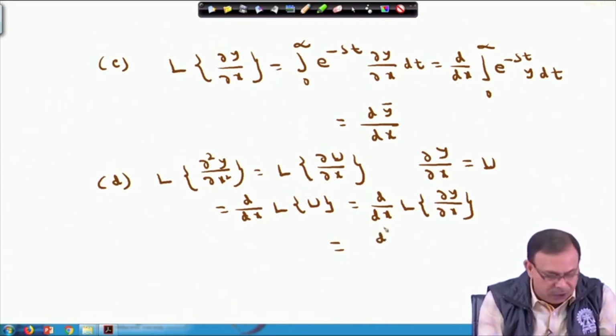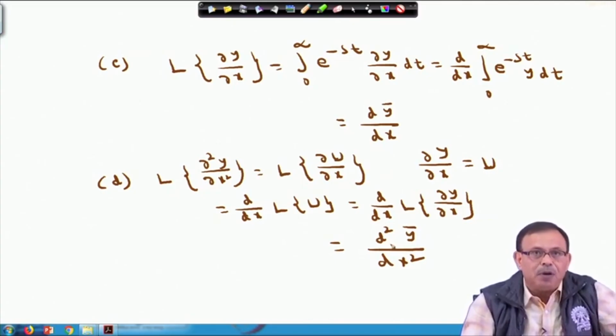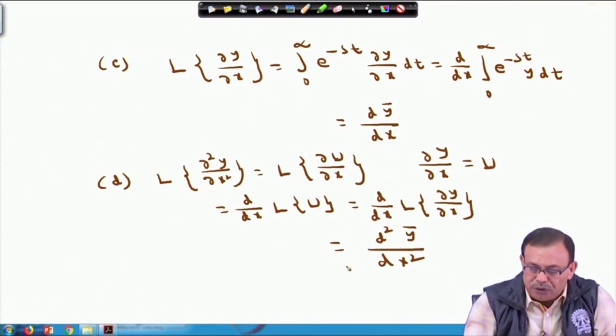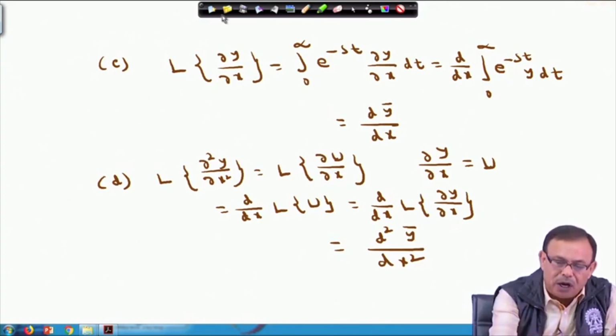Using this, you can write d2 y bar dx square. So the Laplace transform of del 2 y del x square equals d2 y bar dx square. All these four will be required for us.